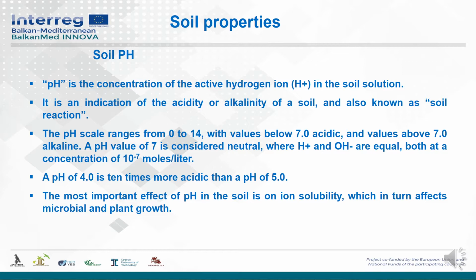A pH of 4, in fact, is 10 times more acidic than a pH of 5. This means that even if we have a change of one unit, from one level of pH reaction to another, the difference in the effect they produce is huge.